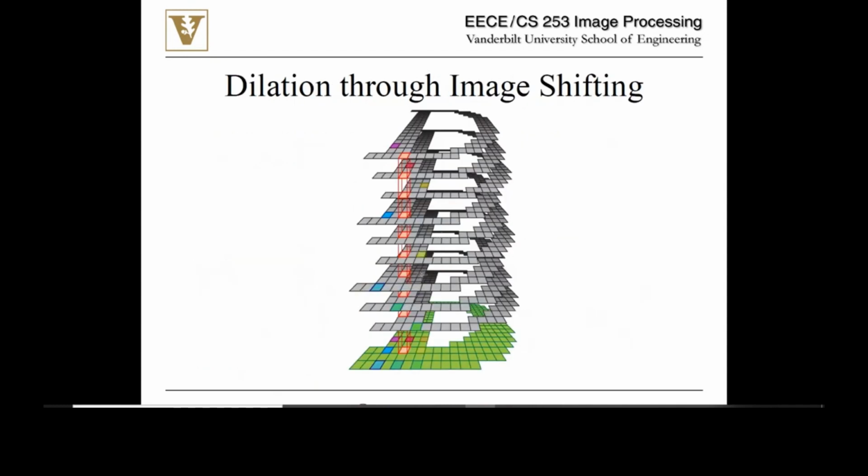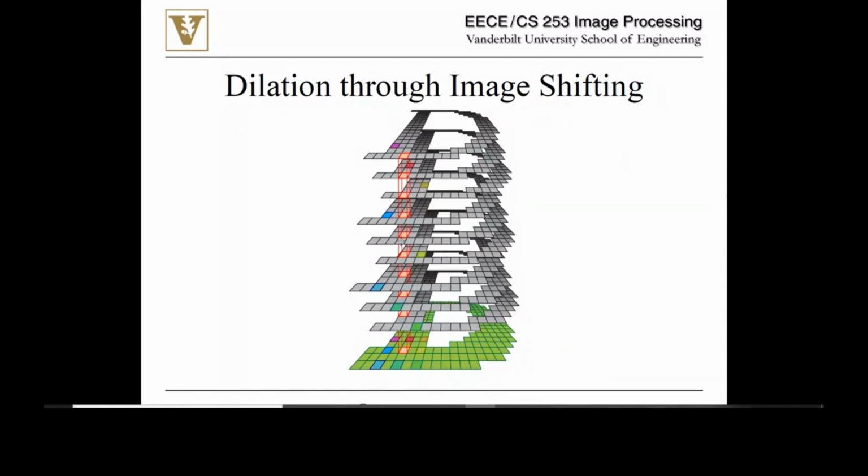And here you have that example. Let's say that we have this input image. This one is the central pixel of the kernel.